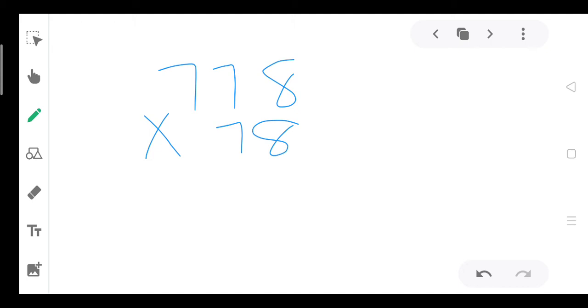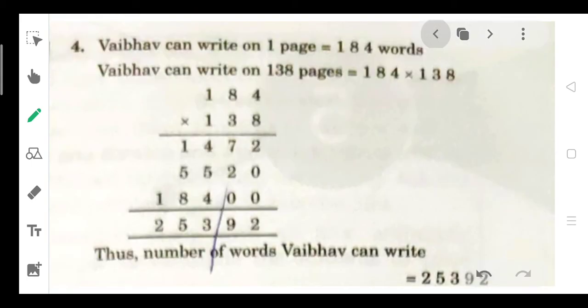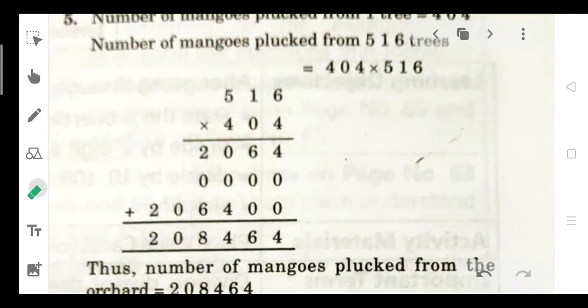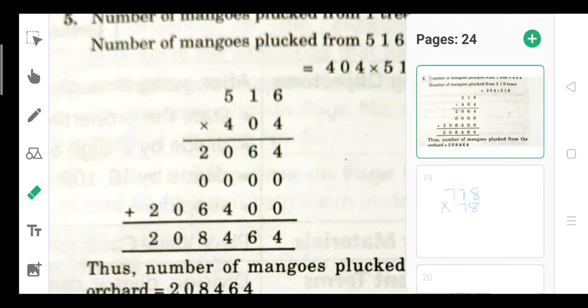I'm going to search one blank page for you once again.